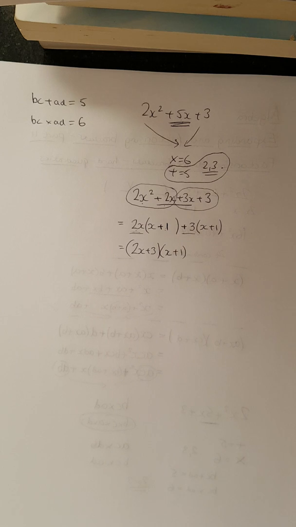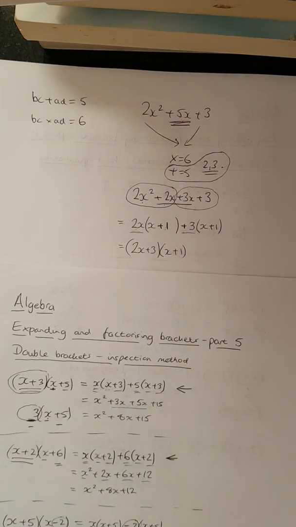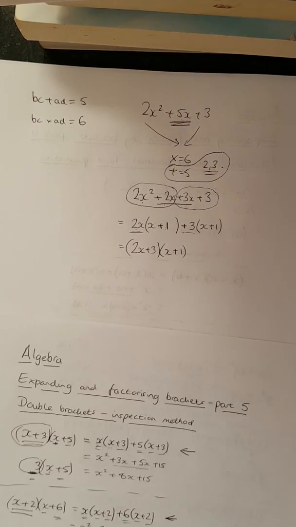Now, this might look strange to some of you, and perhaps there's a particular approach to expanding brackets that you need to look at in order to make sense of this, because it's not how all of you do it. In part 5, we looked at the inspection method.